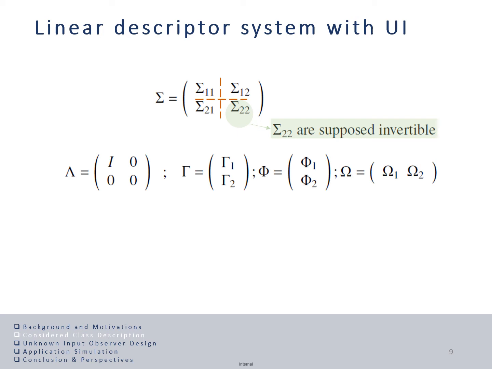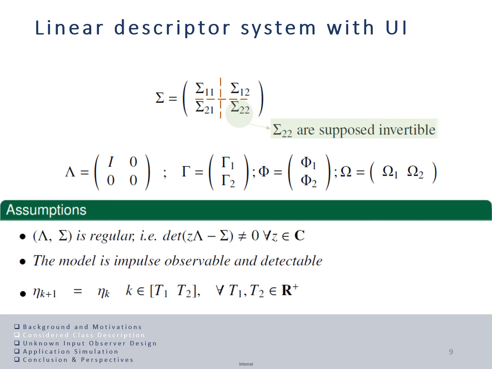Before giving more details and the main results, let us make the following assumptions. Gamma sigma is regular. The model is impulse observable and detectable. And we also consider that the unknown inputs are constant over a time interval, meaning eta k plus 1 is equal to eta k.